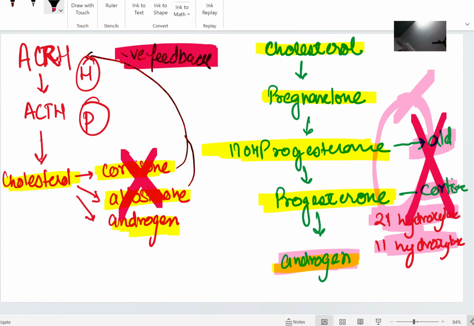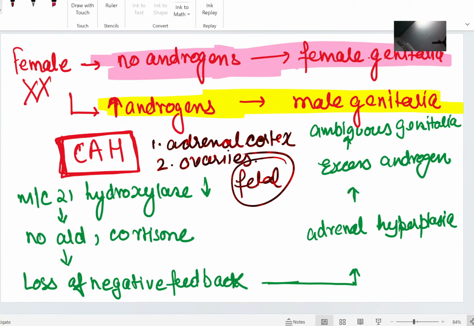But when there is no formation of cortisol, aldosterone and androgens, this pathway keeps on running the whole day, and it leads to hyperplasia. This was there in the adrenal, and this leads to adrenal hyperplasia.